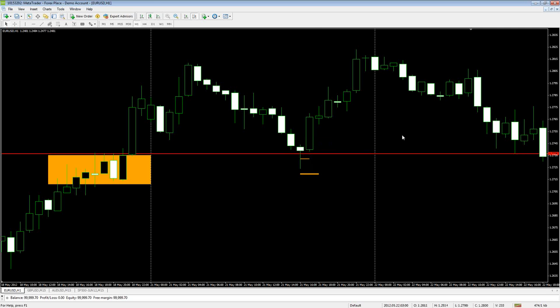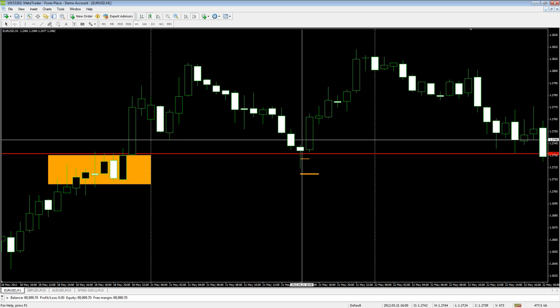The last option, if you're more conservative and more patient, but you don't want to miss the price going up, and you're willing to lose a few more pips, is to set a buy stop, a pending order.